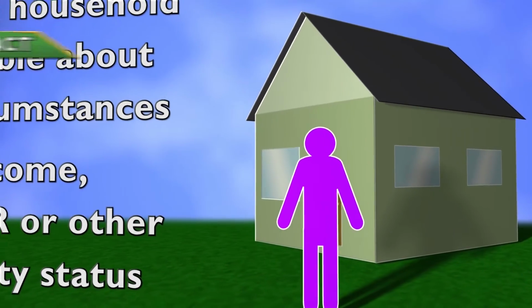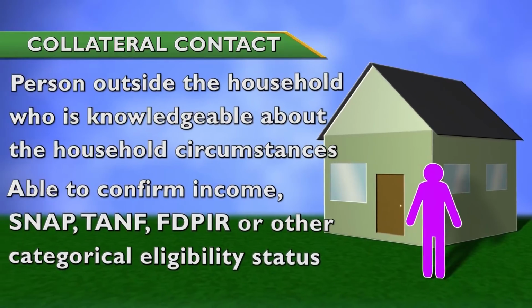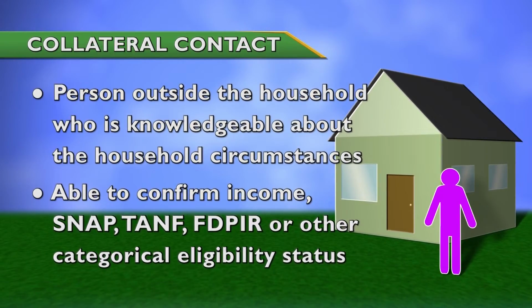A collateral contact is a person outside of the household who is knowledgeable about the household's circumstances and can confirm the household's income or SNAP, TANF, or FDPIR status, or other categorical eligibility status.